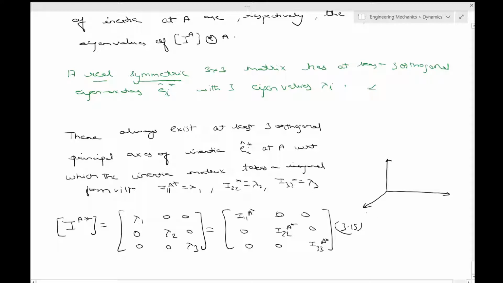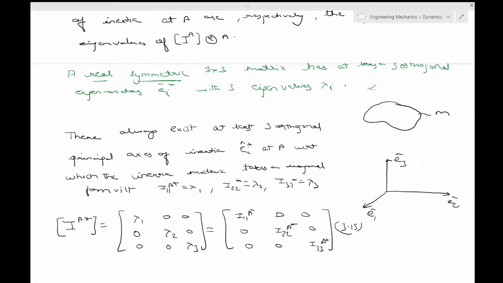So if you have E1 hat, E2 hat, and E3 hat, and this is the mass m. Okay, now I take up another coordinate system. Okay, E2 star, E1 star, and E3 star.